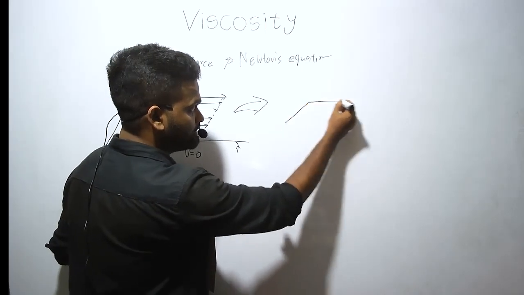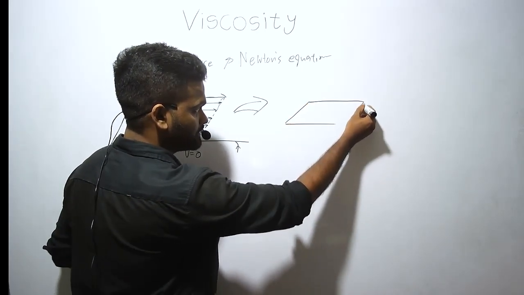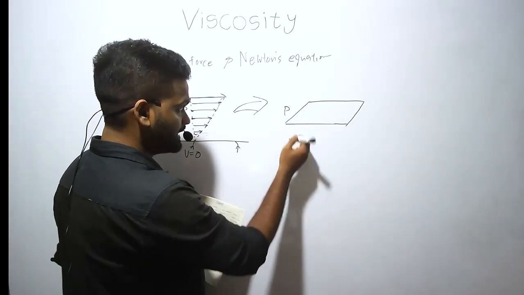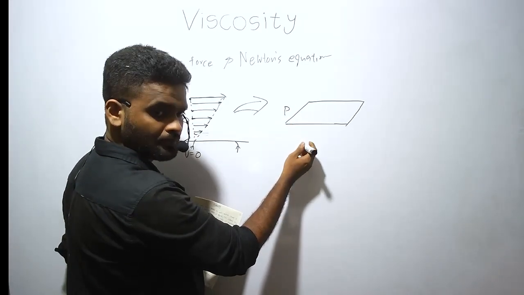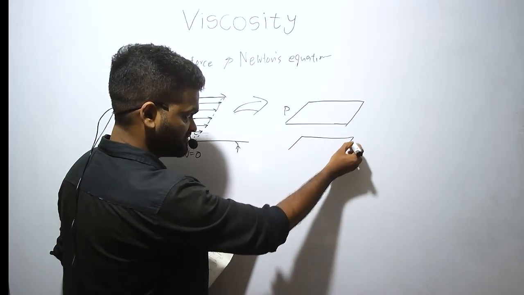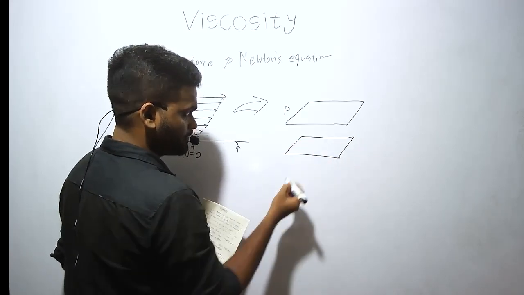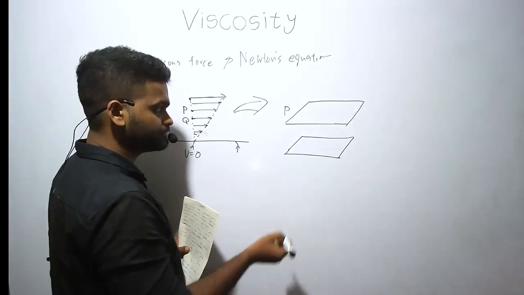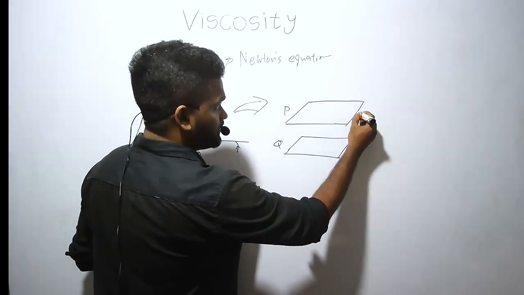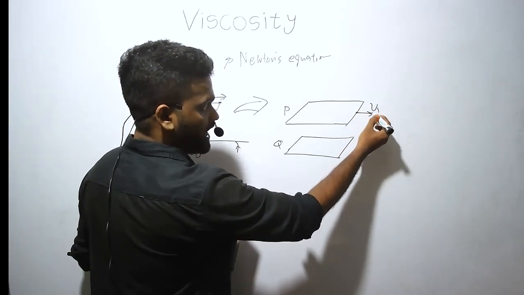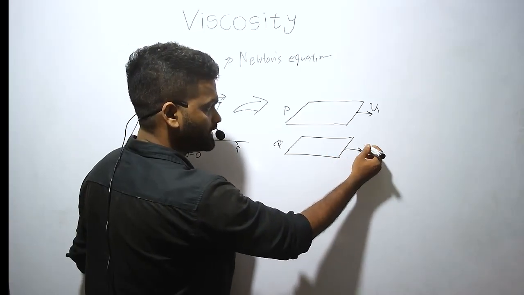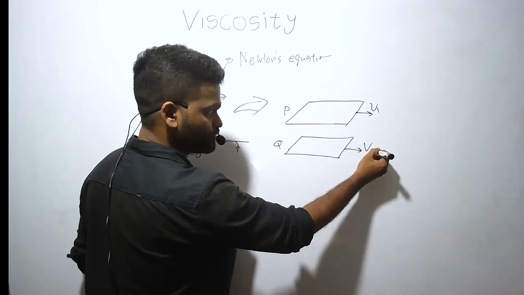If you get a 3D image of that layer, this is one layer, let's say that is P. Then below that, there's the Q layer. As you can see, P has a higher velocity. Let's say the velocity of this layer is V1 and the bottom layer is V2.